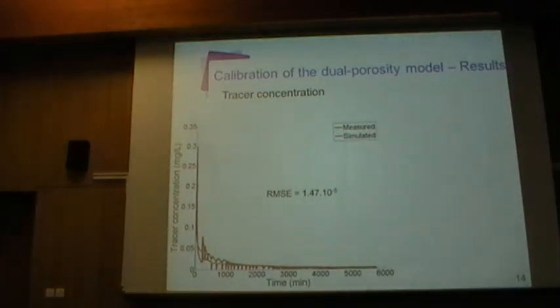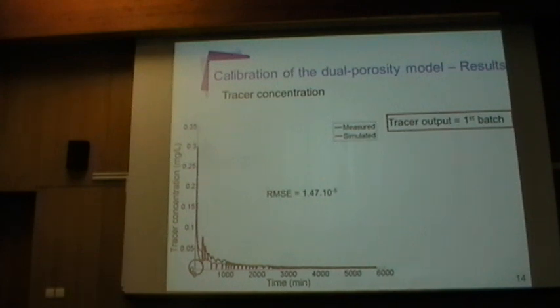So, the results of the tracer calibration of the model. Here you have the measured and the simulated tracer concentrations. We see that after adapting the hydraulic parameters, we have a good match between measured and simulated concentration.